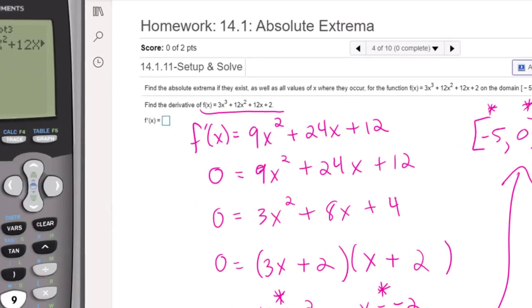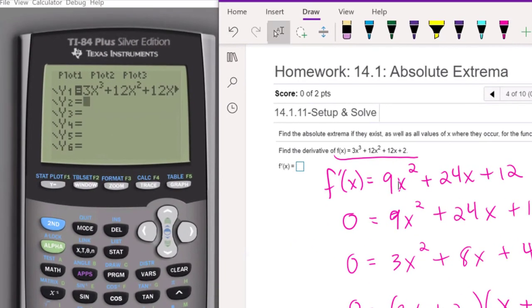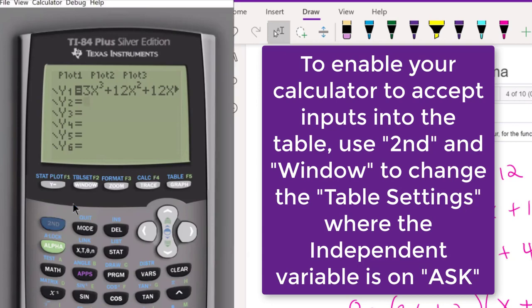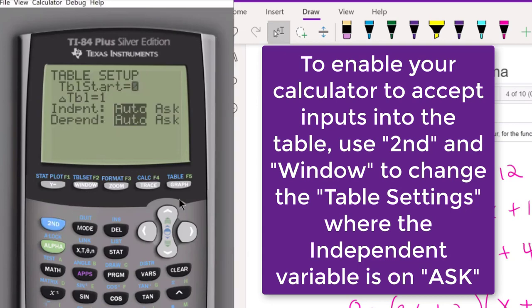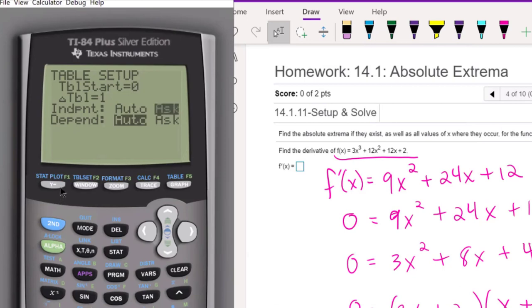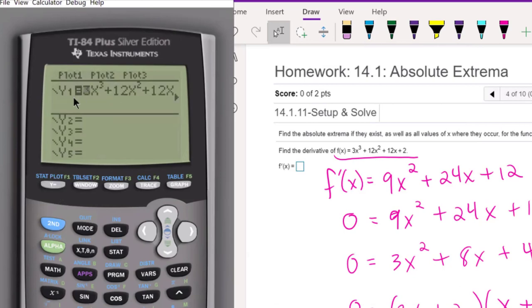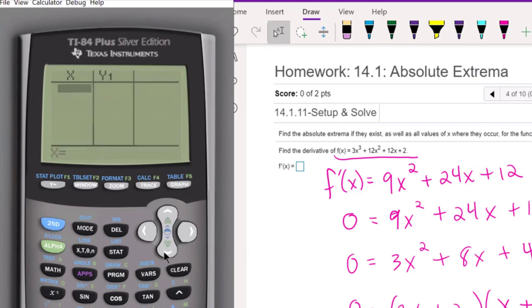Now this is where your calculator comes into play, since you have the formula of the original function in your calculator. I want to go to table mode, and make sure your table is set up to ask for the independent variable, so you can use your own x values. Since I have my original equation in y equals, I'm going to go to table, above graph. So second and then graph will get you to the table mode.